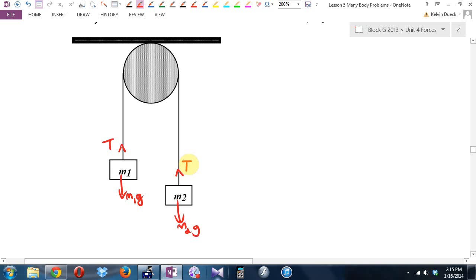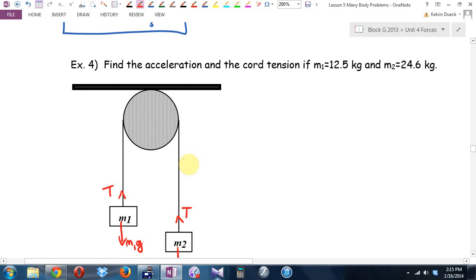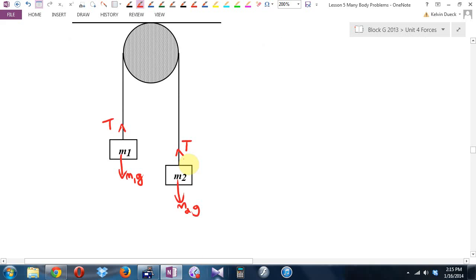Who's winning? How do you know? Oh, it told me which one's heavier. M2's heavier, so M2G's winning, which means now I've decided anything that ends up pointing down on the right, winner, plus. Anything that ends up pointing up on the right, loser, negative. So I think my equation's going to look like this.